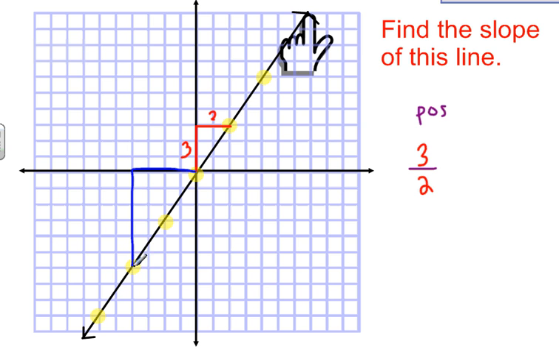Let's see what would happen. 1, 2, 3, 4, 5, 6. I rose 6, and I ran 1, 2, 3, 4. I think the slope is 6 over 4. Well, 6 over 4, when it is simplified, becomes 3 over 2. No matter which 2 points you choose on this line, you will find that the slope of this line is 3 over 2.